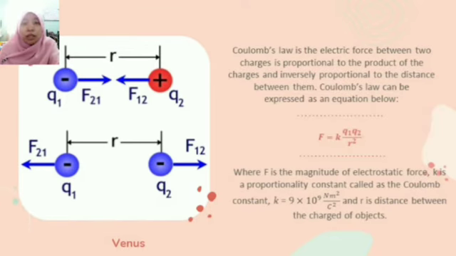Mathematically, the magnitude of this electrostatic force, Fe, acting on two charged particles, Q1 and Q2, is expressed as Fe equals K times Q1 Q2 over R squared, where R is the separation distance between the charged objects and K is a constant of proportionality, called Coulomb's constant. K is equal to 9.0 times 10 to the power of 9 N m squared over C squared.